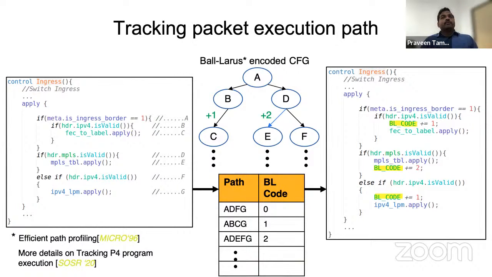And as the packet traverses the set of tables and actions, the program would update a metadata variable, and at the end of the pipeline, you would have a BL code that represents the path the packet has taken.